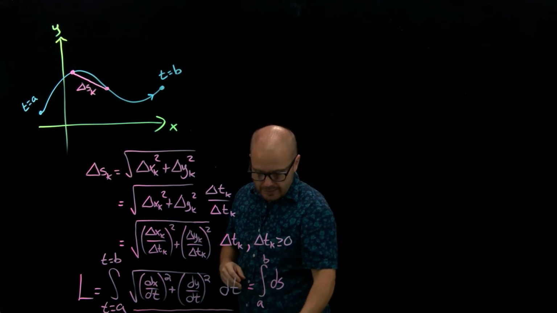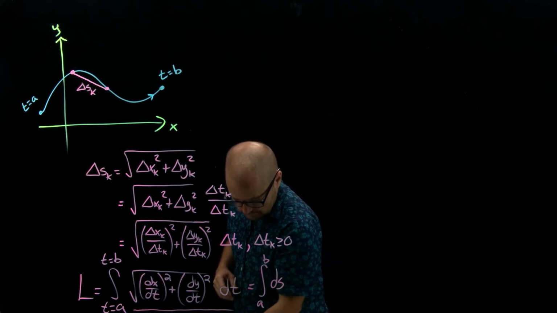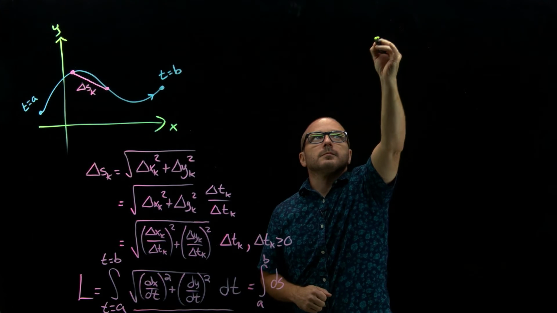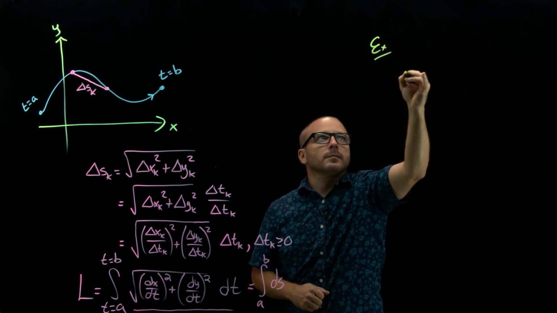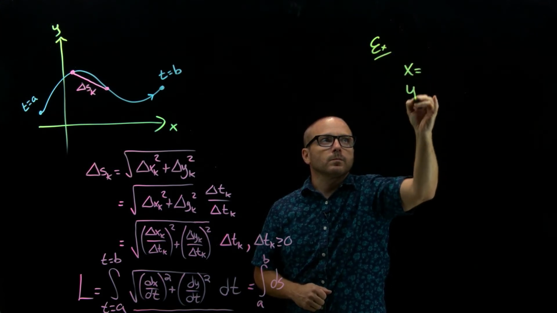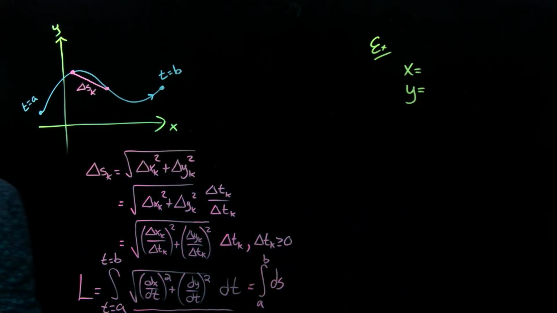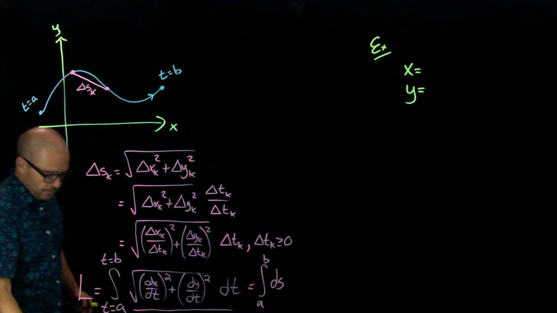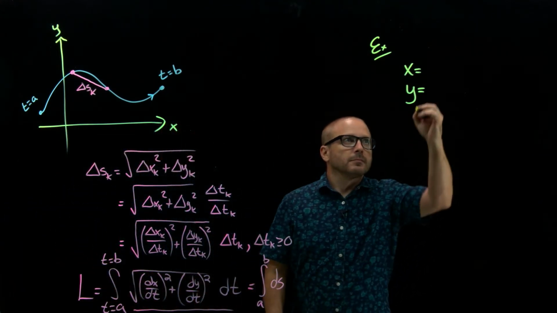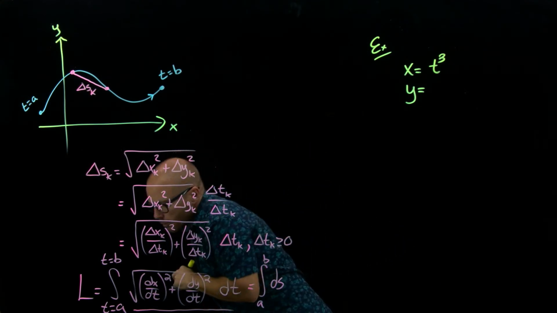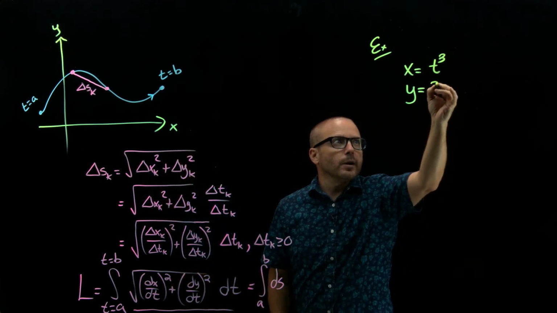So let's look at an example here. And for our example, x equals t cubed, y equals 3t squared over 2.